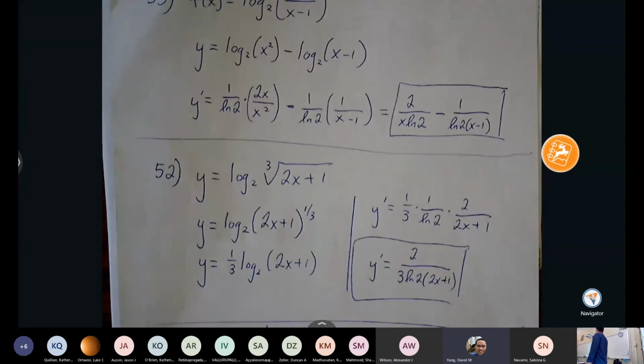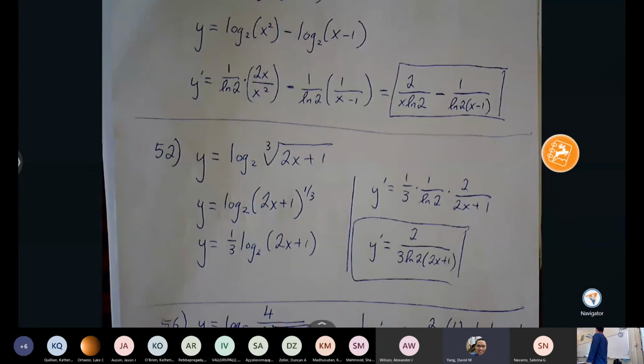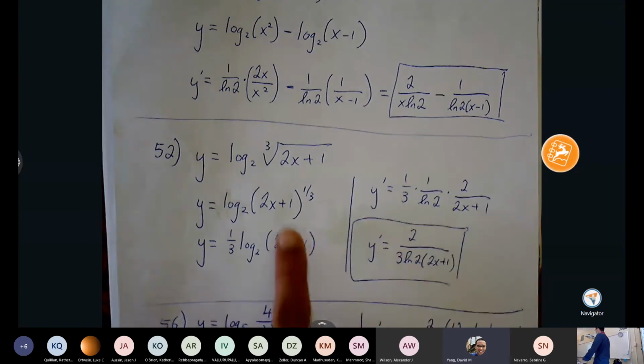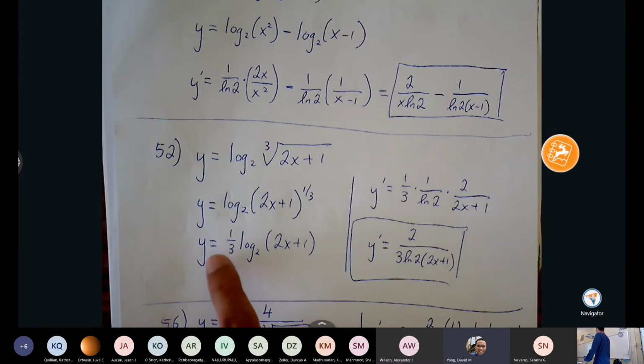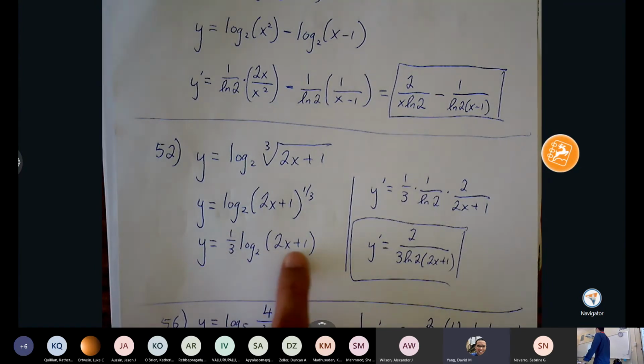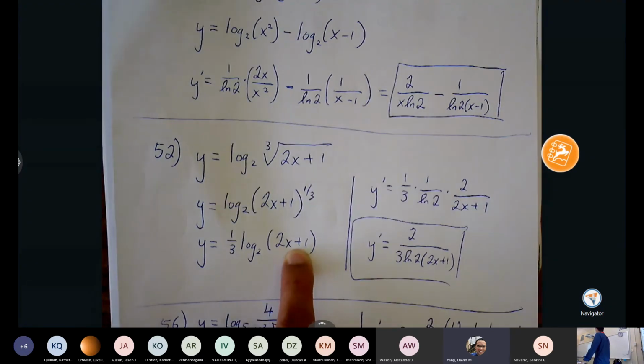Okay, look at 52. We want to resolve that radical a bit, so rewrite it as a rational exponent raised to the 1/3. Keep going, right? We have an exponential power property. We can still keep going, so bring that 1/3 down in front. Now we have a much easier u value to work with.